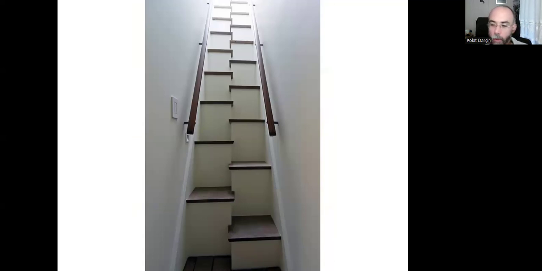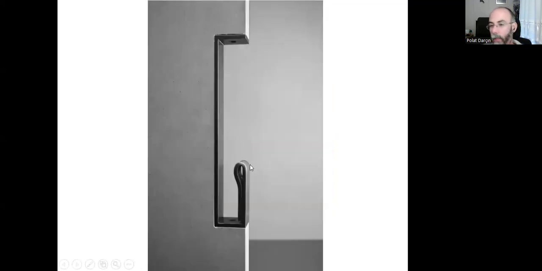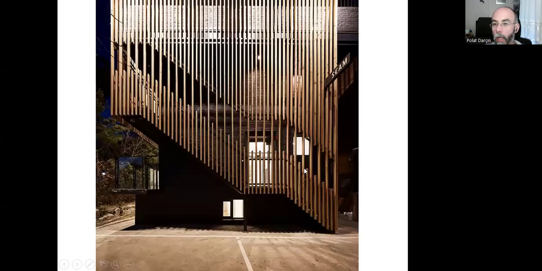If the user needs to hold somewhere while they're climbing up or down, for old people, for people who carry stuff, for people who have walking disabilities or children, then we can design only handrails. That's a design that can be designed in very different shapes, and even the design can be the part of the facade or the whole building design.